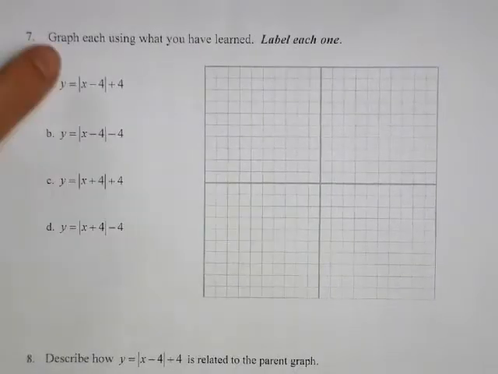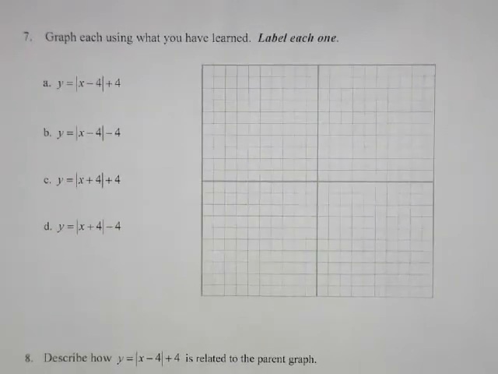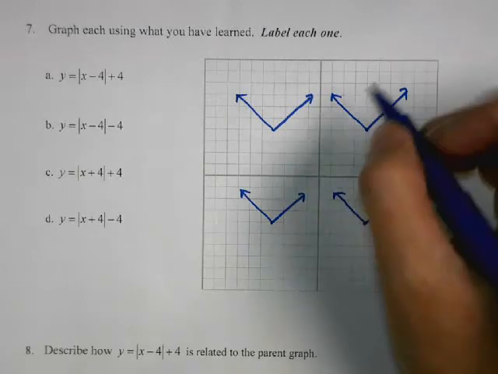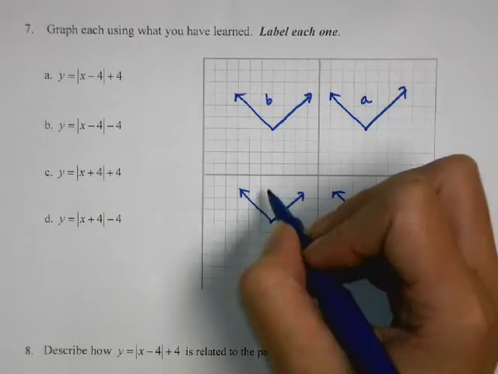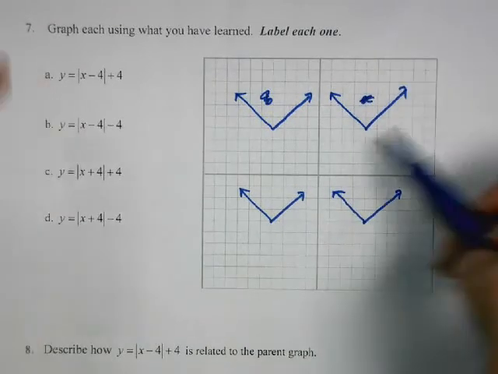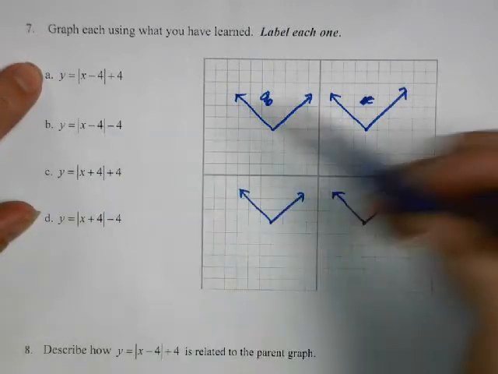So here we're doing multiple transformations. I'm going to let you give it a try. If you want to pause and do those graphs. We're going to look at these ones and label them A, B, and C. So this one is going up 4 and to the right.